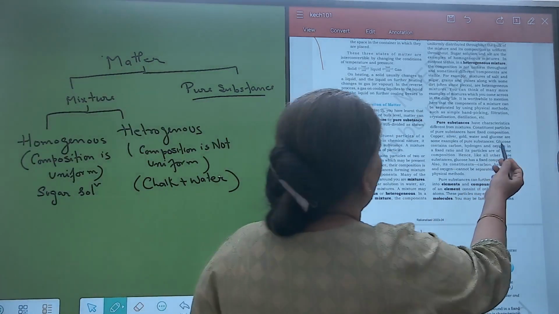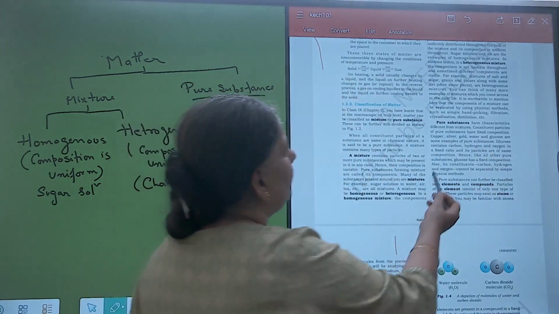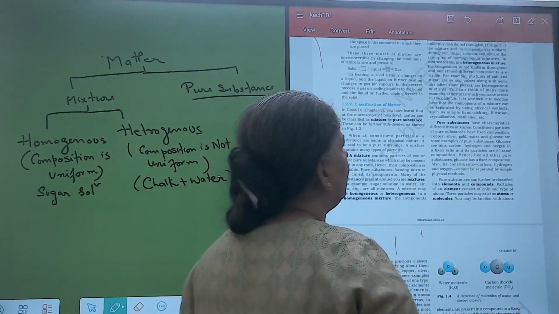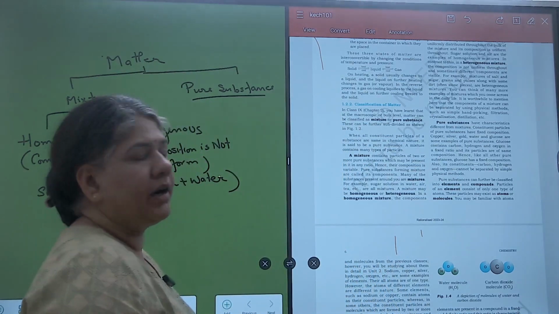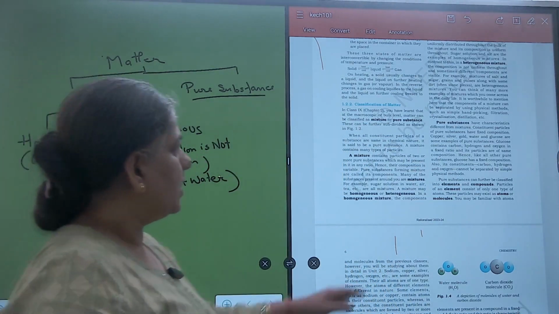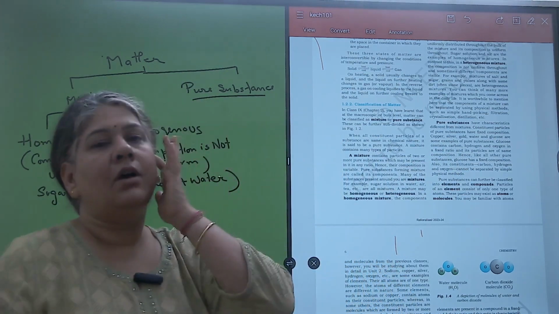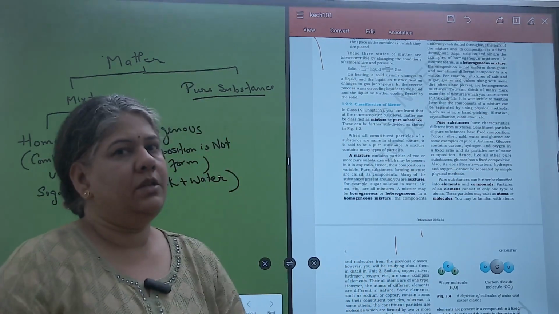Pure substances have fixed composition, like copper, gold, silver, glucose. Here pure means that only one kind of substance is present.